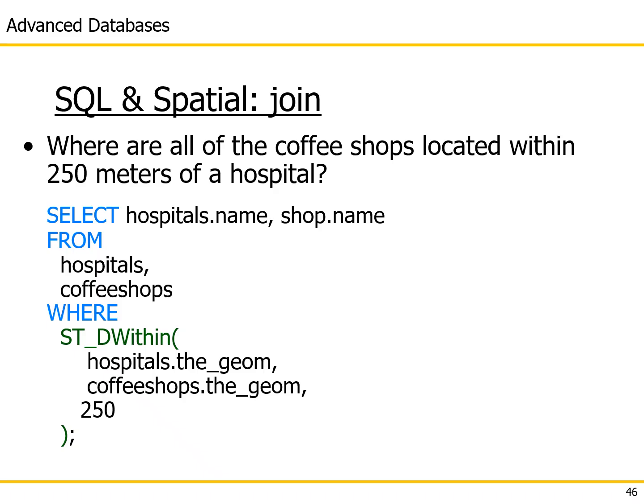Now you see my joining condition is the within function, because it returns true or false based on whether a specific hospital and a specific coffee shop are within 250 meters from each other. Okay, so this is an example of doing a spatial join.